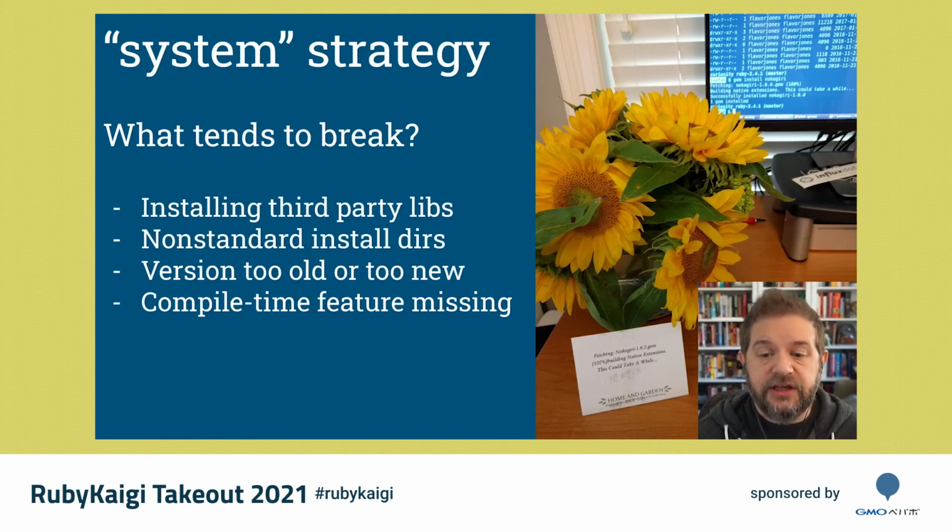This can get really challenging in the real world across a lot of different platforms. Take a look at the RMagick or the SQLite 3 extconf files if you want to see exactly how ugly this can get. So if you're not okay with these trade-offs and you decide you want a more reliable installation experience, or you want to guarantee a specific version of a library, have I got a strategy for you.